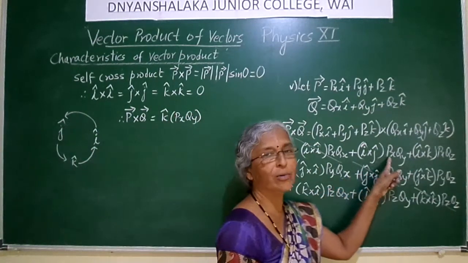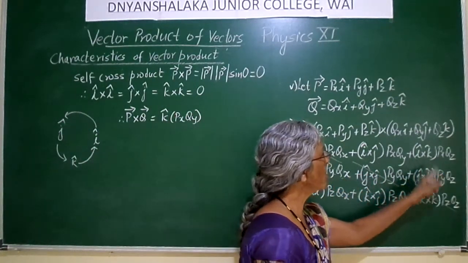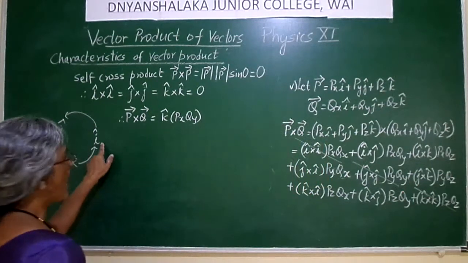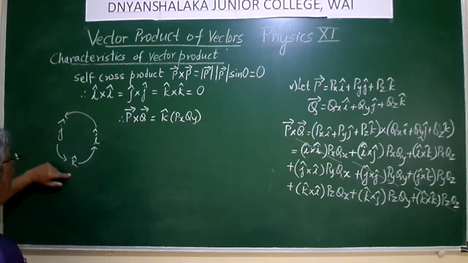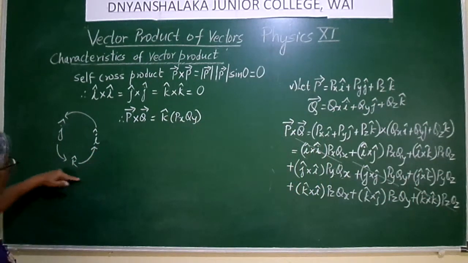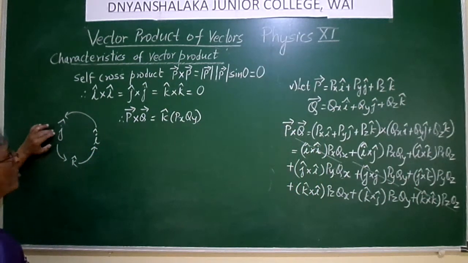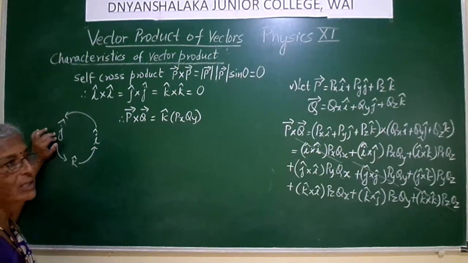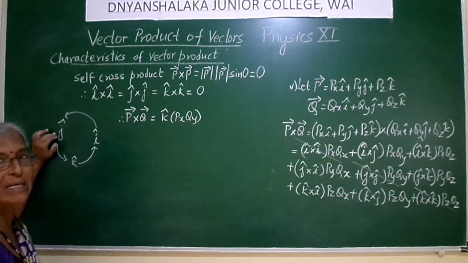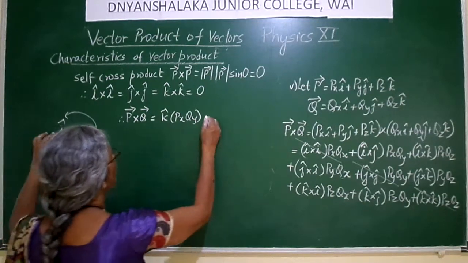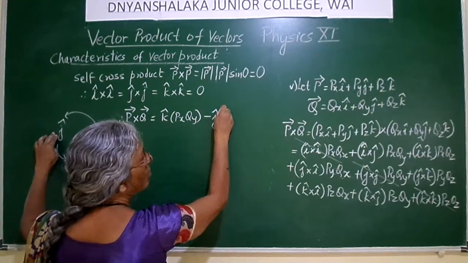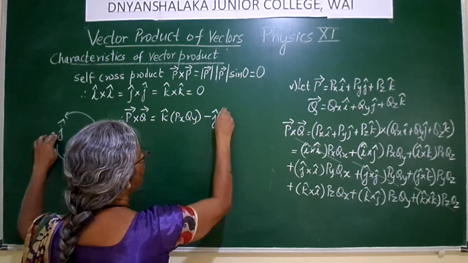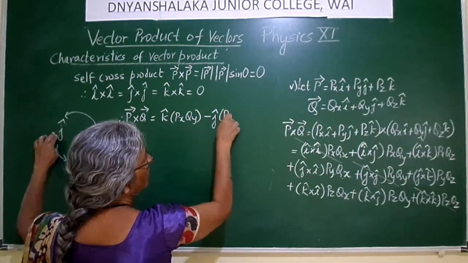Now vector I cross vector k is minus vector j, so minus vector j into px qz.